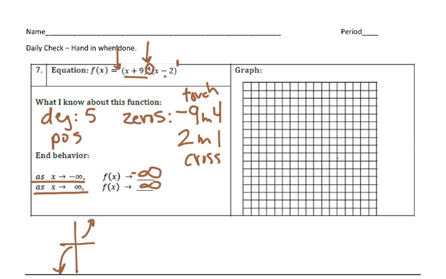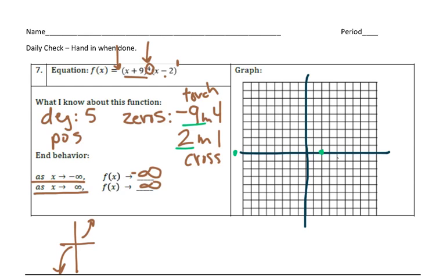So now I just need to graph my line. So let's draw the y-axis and the x-axis. Then my zeros, my first is at -9. And apparently I should have made my axis somewhere else. So right about there, and at +2.